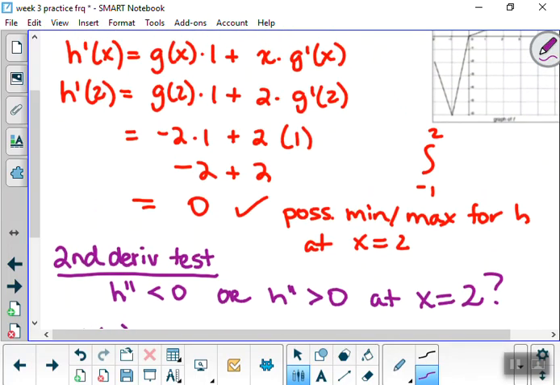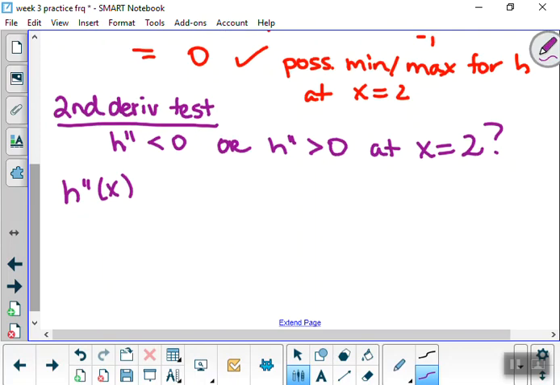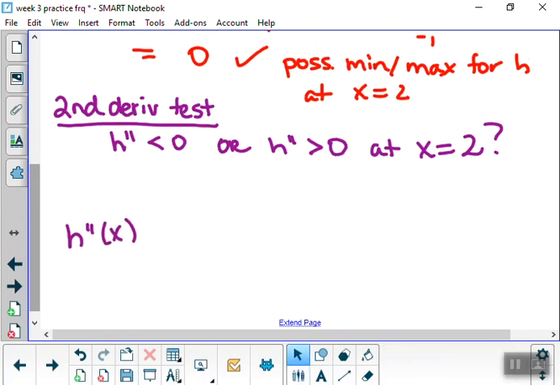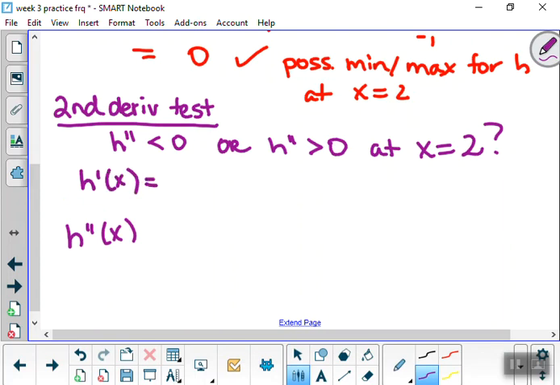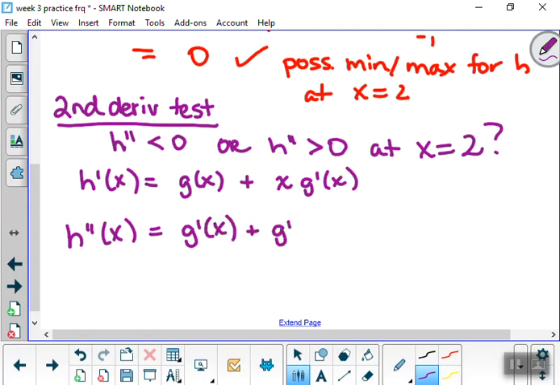Let me do that for a second. My first derivative was g of x plus x g prime of x. So my second derivative is going to be g prime of x plus g prime of x times 1 plus x times g double prime of x.